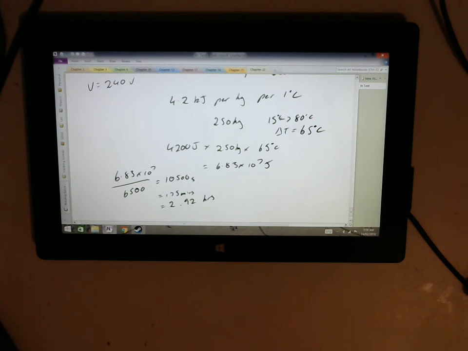Let me have a look in our index just so I can give you a reference for this. Okay, see, if you have a unit that you're not 100% sure on how to convert to, look it up. It should be in the back. Kilowatt hours on page 488. Okay, what?